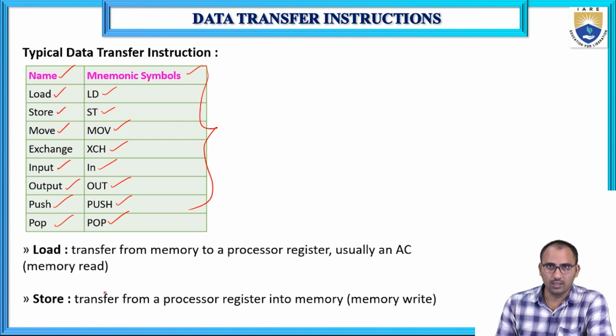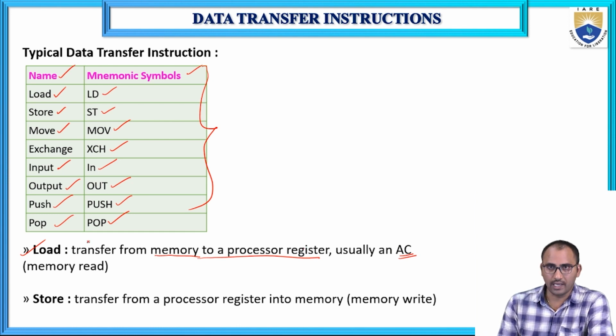Let's see their use. The first one is the load instruction. Using this load data transfer instruction, we can transfer the data from memory to a processor register, usually the accumulator.